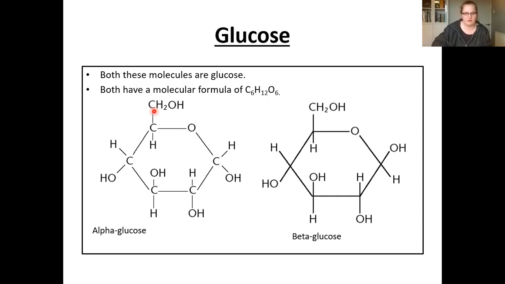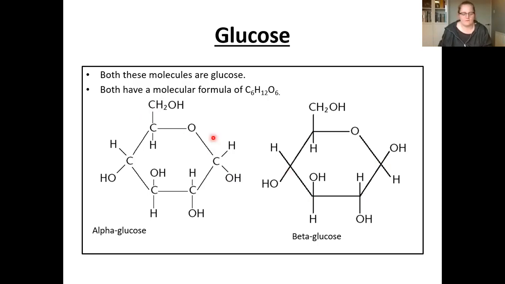If we have a look here at our alpha glucose, what has happened is the hydroxyl group has been swapped round in the directions from here to here. I know one has got all the C's drawn on and one hasn't. This is something that we'll look at more in chemistry, but wherever you get to a point on a displayed formula, there would be a C there, and we don't necessarily always draw them out.